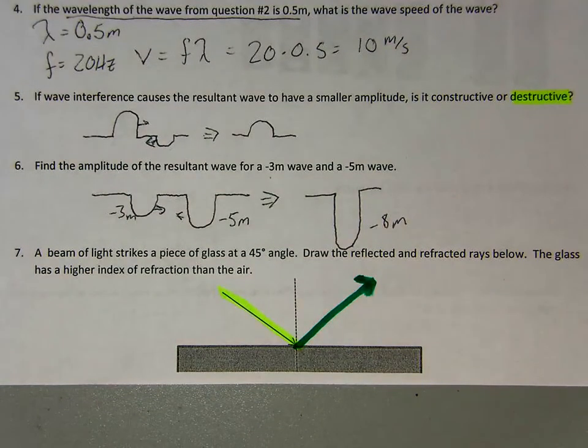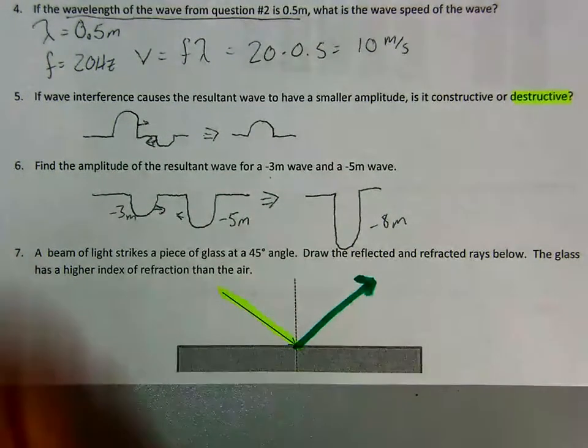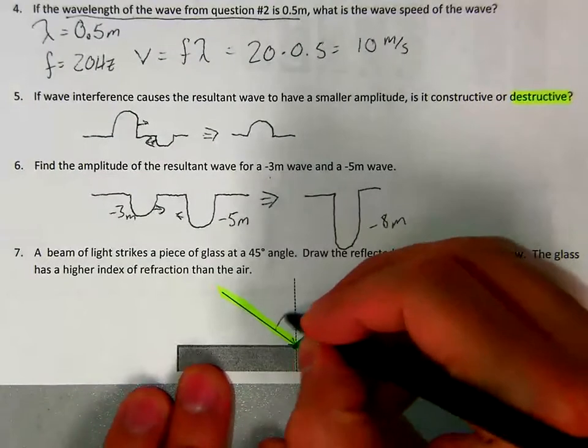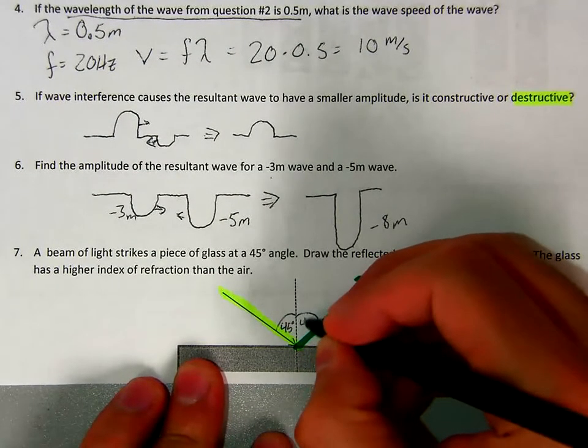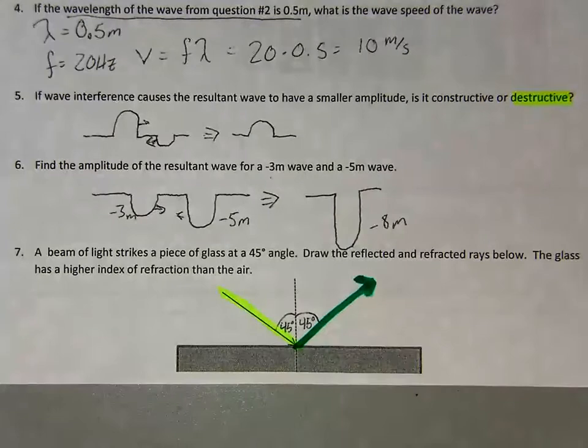One good way to represent that would be to draw our little angle here and put 45 and put 45 here. The law of reflection says that the angle of incidence has to equal the angle of reflection.